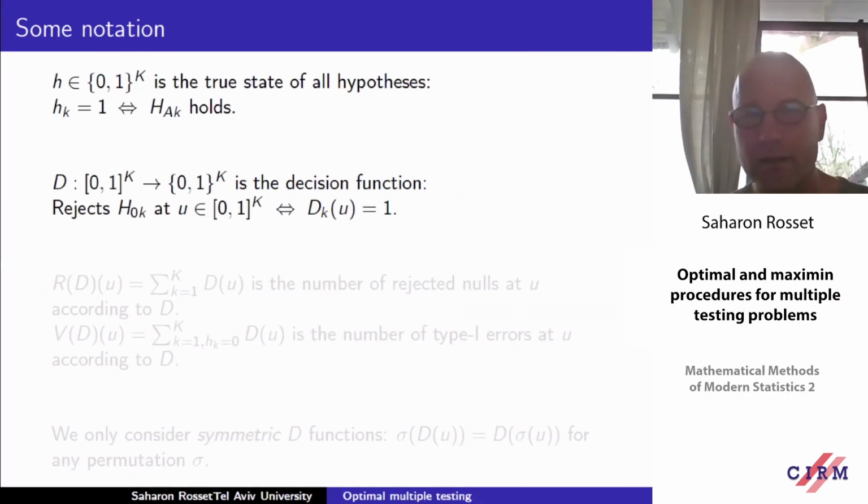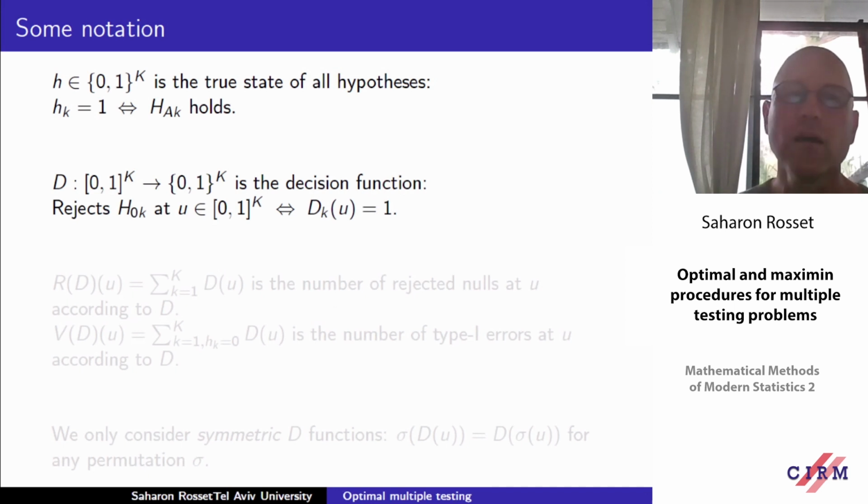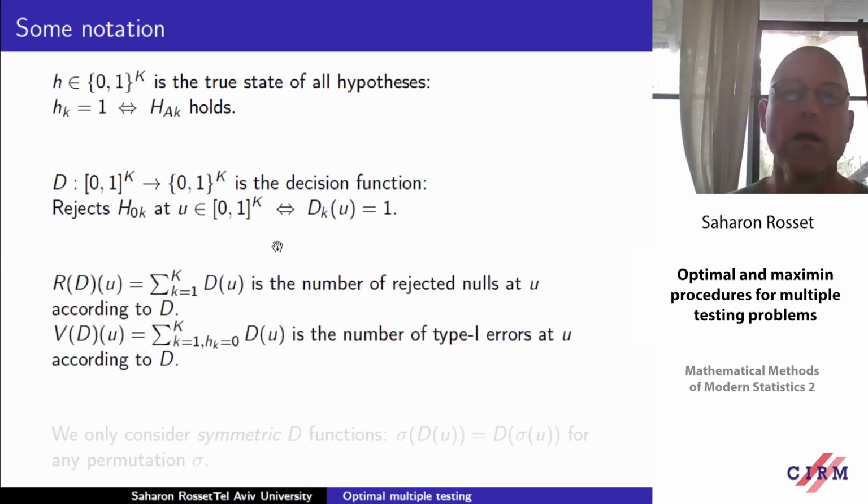D is going to be, we've seen that already, our notation for a decision function, which is the function that gets a vector of statistics or a vector of p-values and decides which one gets rejected. So we reject the kth null if d_k is 1. And notice that d_k accepts the entire vector as input, so it's allowed to consider all coordinates in making its decision.